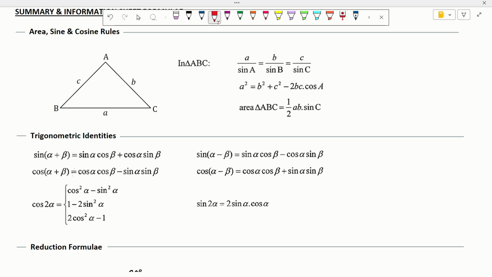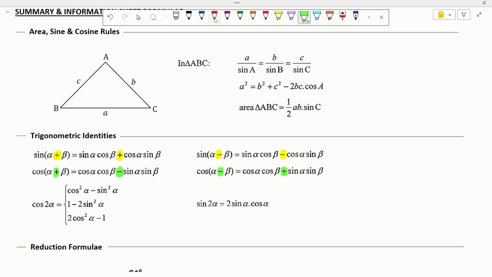What you just need to pay attention to is that there's a plus for every plus in sine, and for minus you also have a minus in between. But for cosine, if you have a plus, then it has to be a minus in between, and it's cos alpha cos beta minus sine alpha sine beta. If it's a negative, then in between it's going to be a positive.